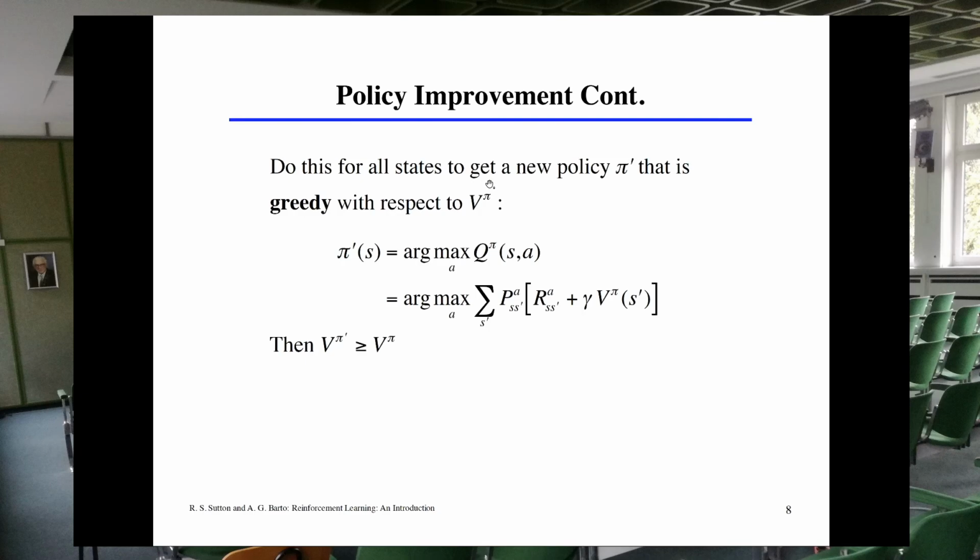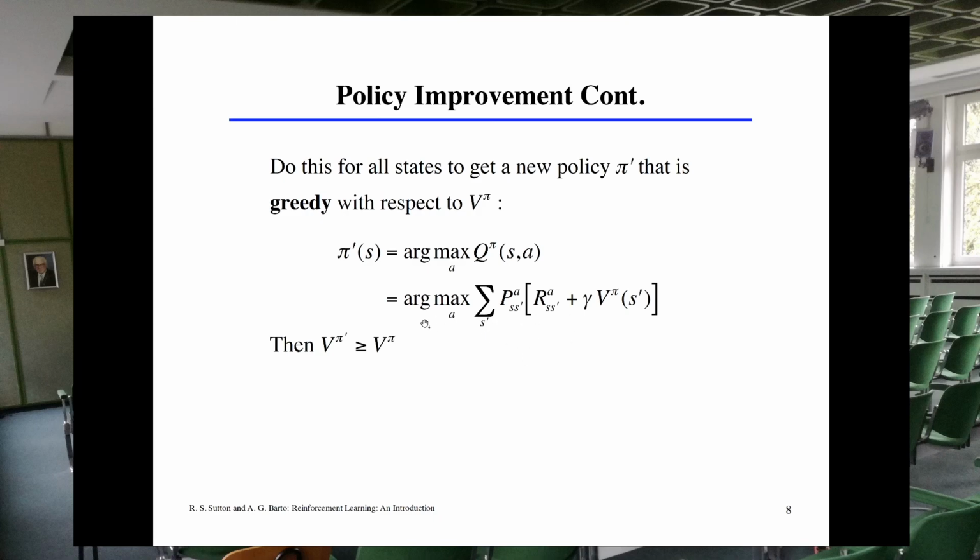Do this for all states to get a new policy pi prime that is greedy with respect to the value function v pi. So this pi prime of S will be the argument, the action that maximizes the Q function for S, A. And as we saw previously, this Q is computed with this expression.